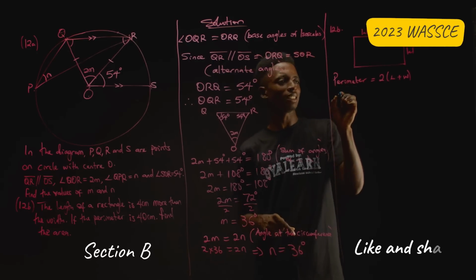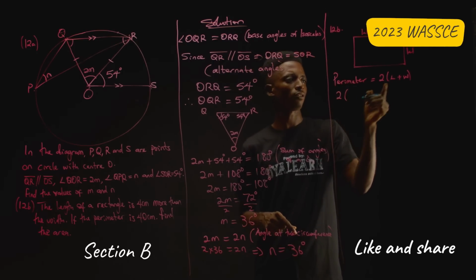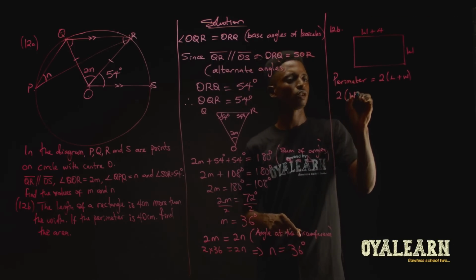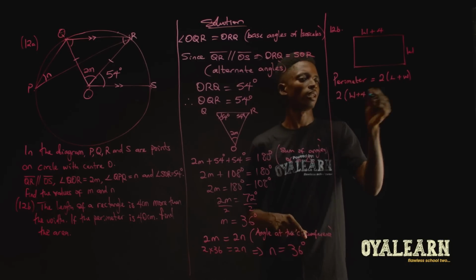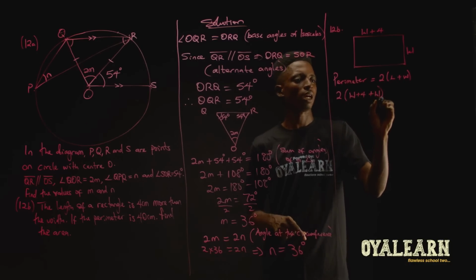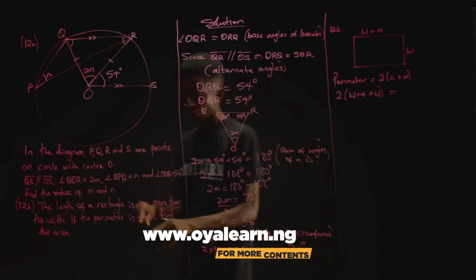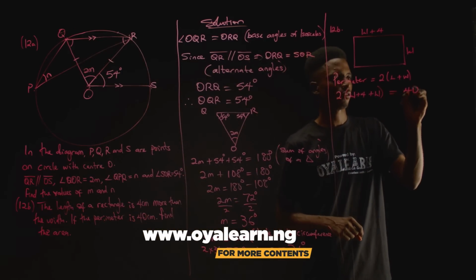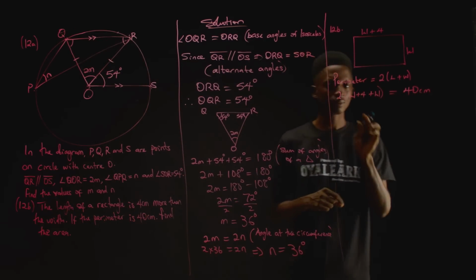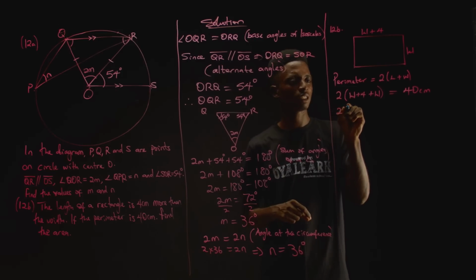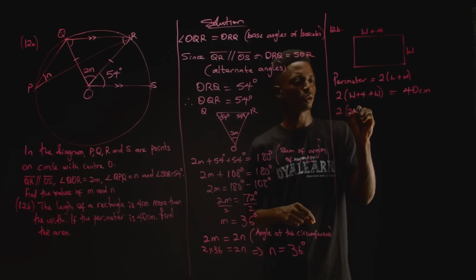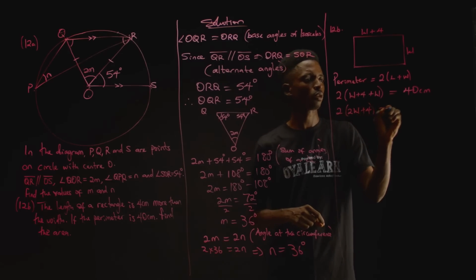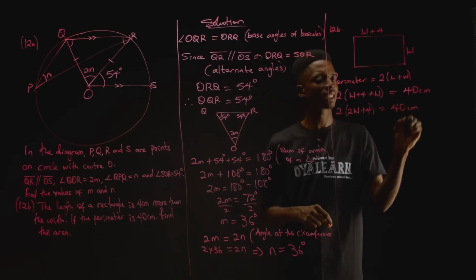And when we apply this, we'll have twice of our length, which is W plus 4, then plus W. And all of this should equate with, remember we are told the perimeter is 40 centimeters. So this is 40 cm. So what we have here is 2 into 2W plus 4 equals 40 centimeters.